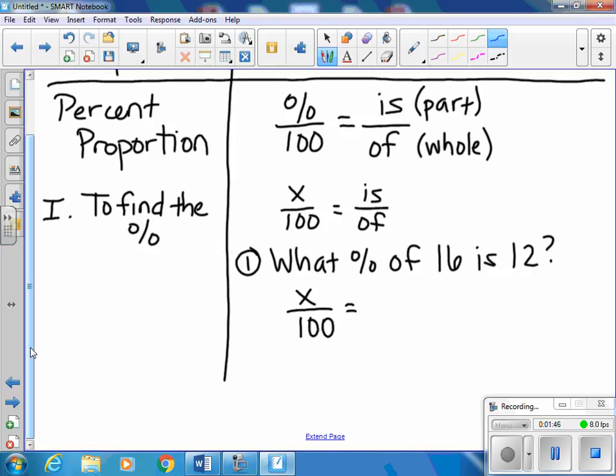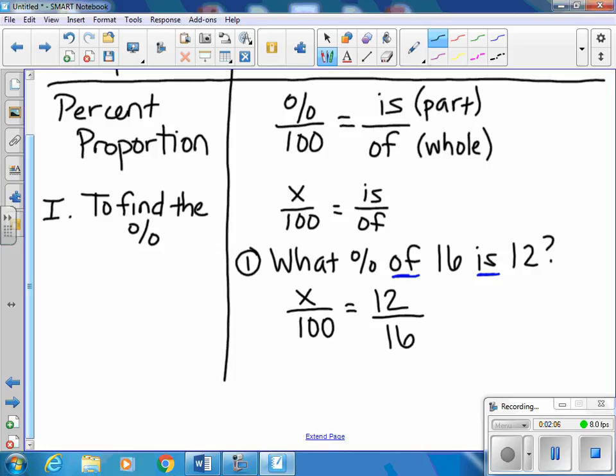In this problem, here's the is word, here's the of word. Usually the numbers that are associated with them are behind those words. Every now and then for the is, it's usually in front. But just find the word and then find the number closest to it. So in this case, the is 12, so 12 goes on top, and then the of is of 16, so 16 goes on the bottom.